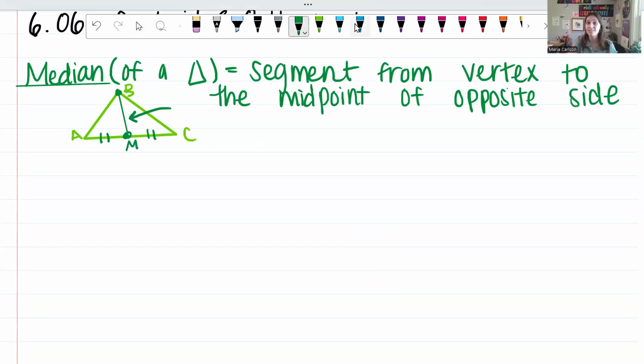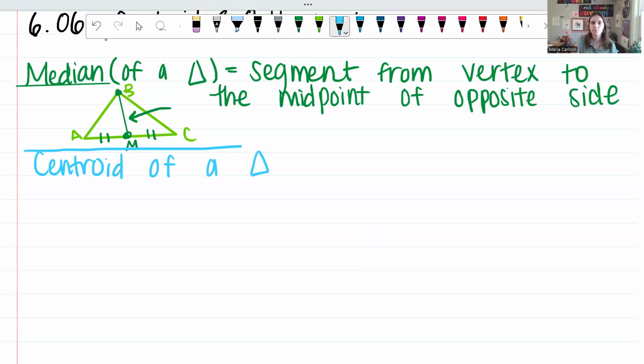So your triangle has three medians, and those three medians form the centroid of the triangle. Your centroid of a triangle is the point where the three medians intersect.